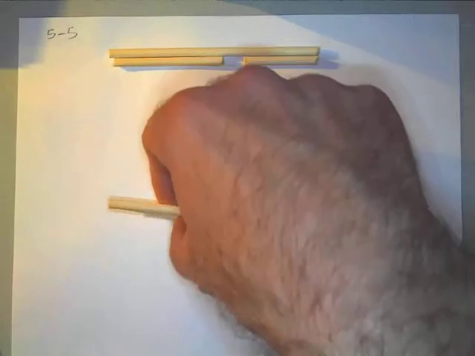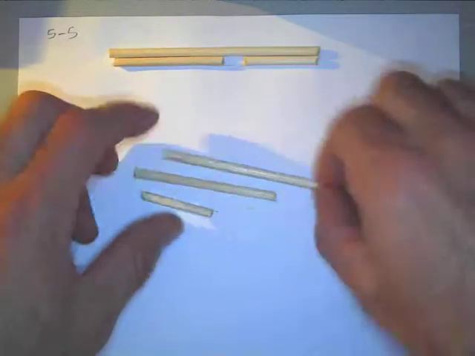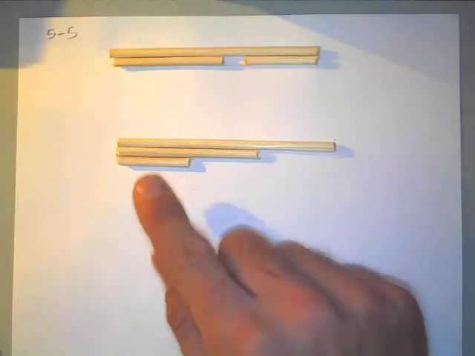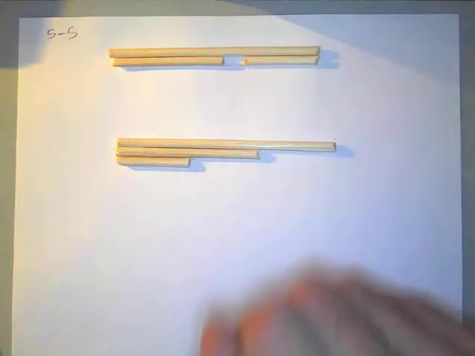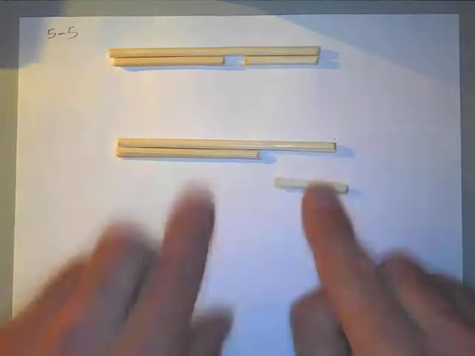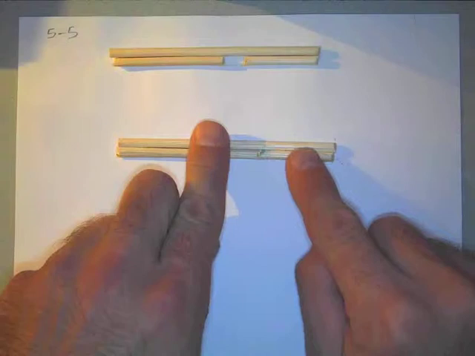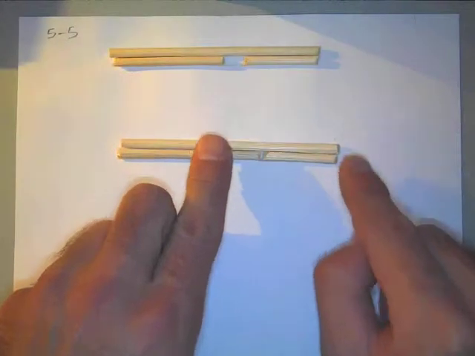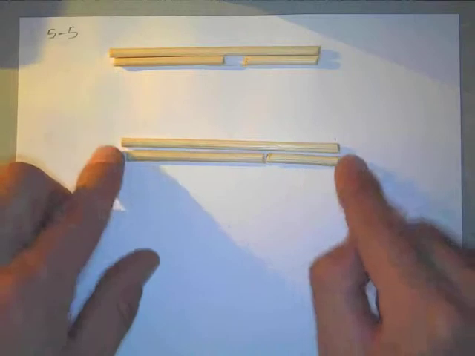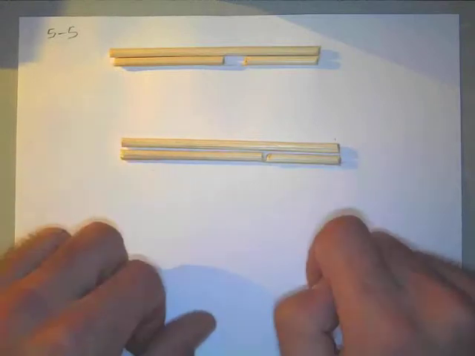All right, here is my next set of sticks. You will notice that we have a small, a medium, and a large. And if we take the two smaller ones and add them together, they are the same length as the longer one.